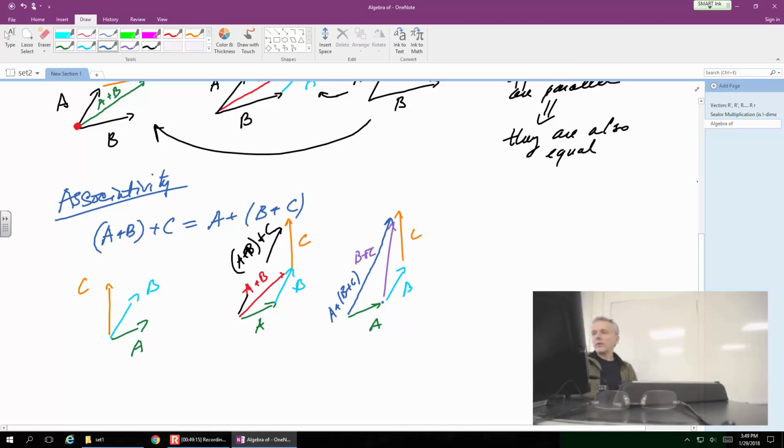Okay, makes sense? Once again, let's appreciate that it's not the same process. I did A plus B, created the red one, and then to that one I added C, and that's how I get the black one. For the second one, I first did B plus C. That gave me the purple one, B plus C, as you can see, and then I added A. Do you see that it's the same thing?